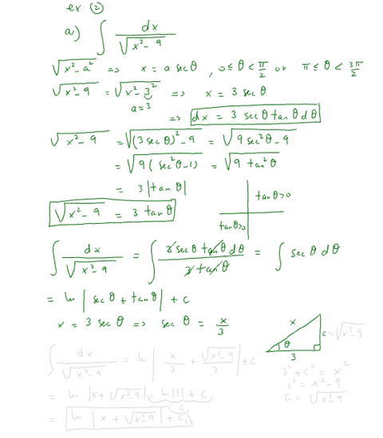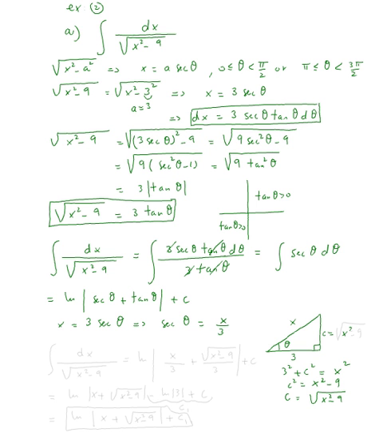Now from the Pythagorean theorem, we know that 3 squared plus c squared is equal to x squared, which means c squared is equal to x squared minus 9. So c is equal to the square root of x squared minus 9.